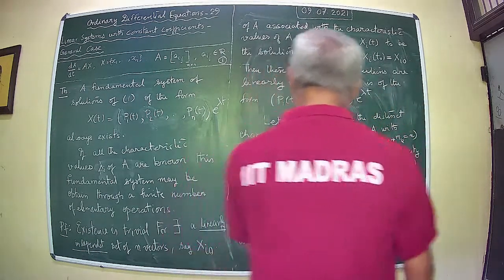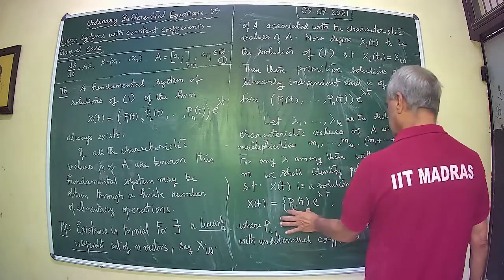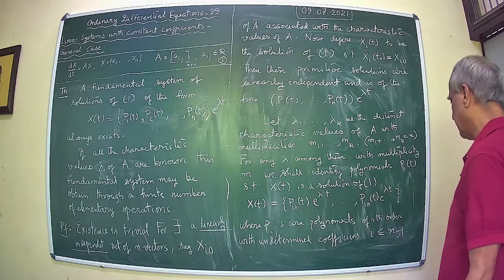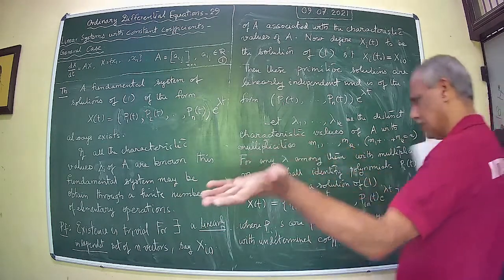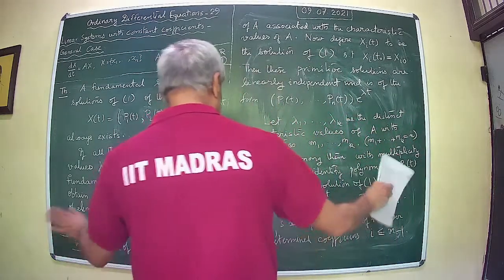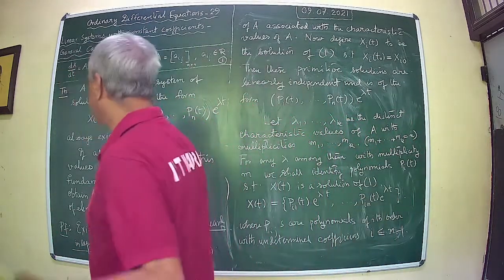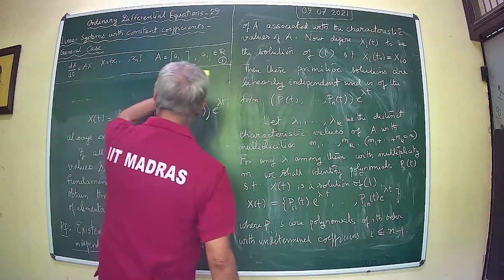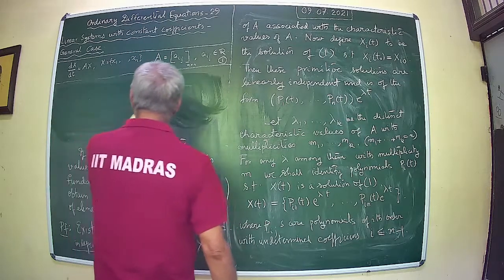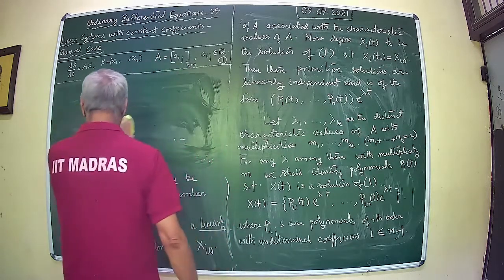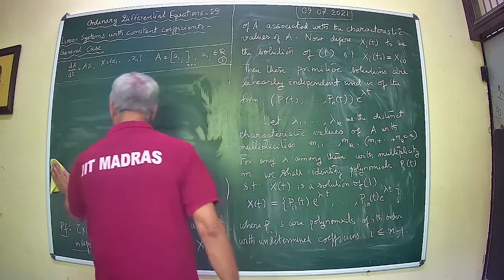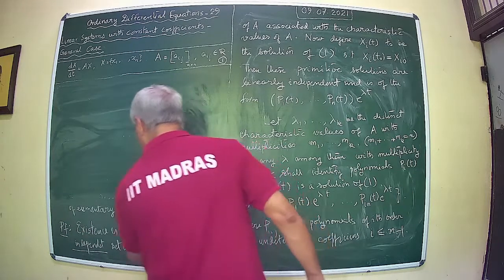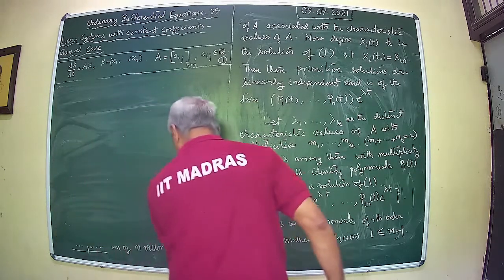So the solutions are of this form, with each one of these a polynomial of degree less than or equal to m minus 1. You have plenty of such polynomials with free coefficients now. So how do we proceed to get the required ones? We go step by step, but the process would terminate in a finite number of steps, so there is nothing to worry about.